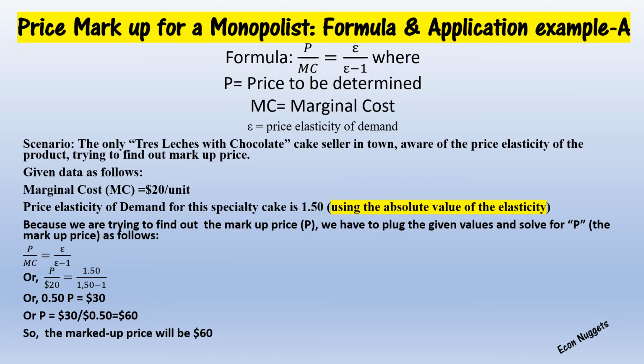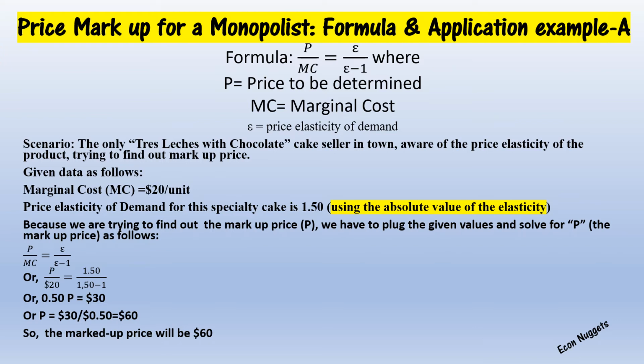The given data is that the marginal cost of the cake is $20 per unit, and the price elasticity of demand for this specialty cake is 1.50. We're going to use the absolute value of this price elasticity, so we ignore the negative sign and just consider the absolute value 1.50 as the elasticity.